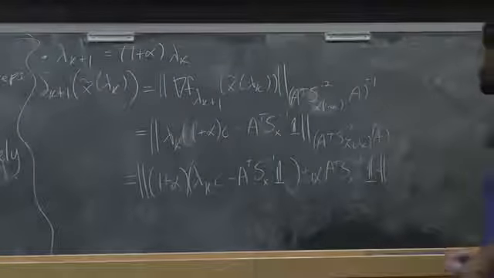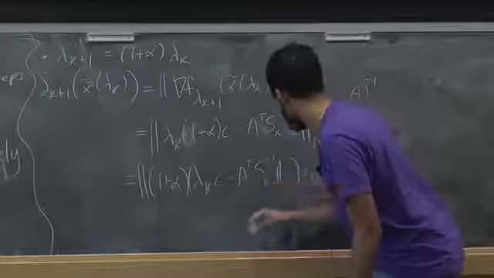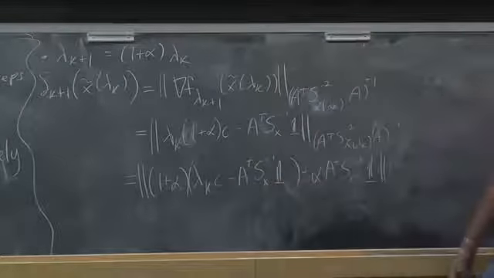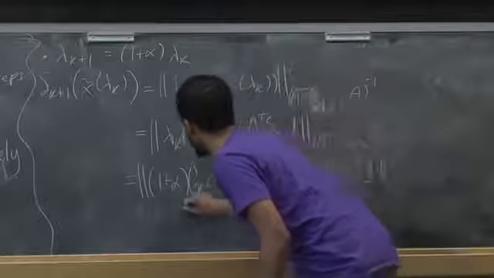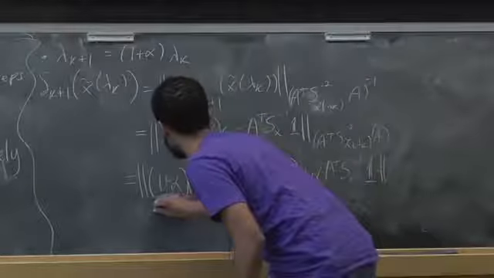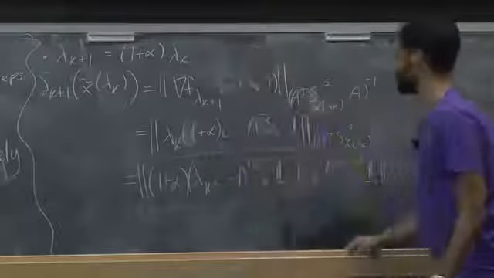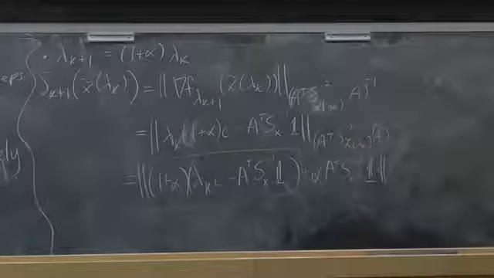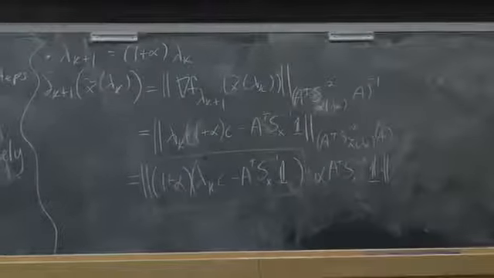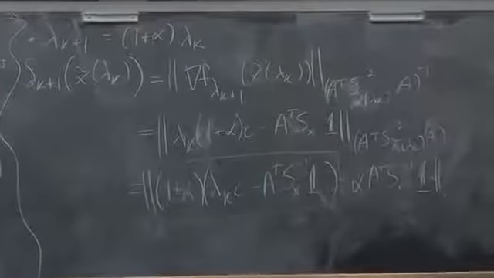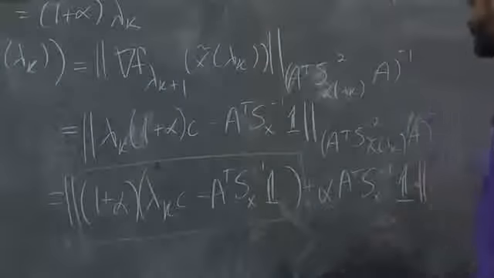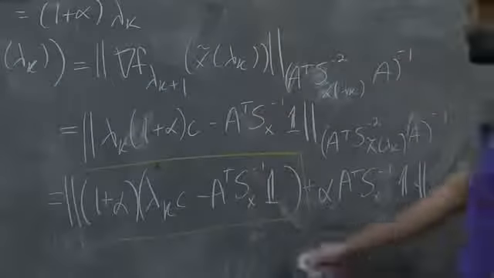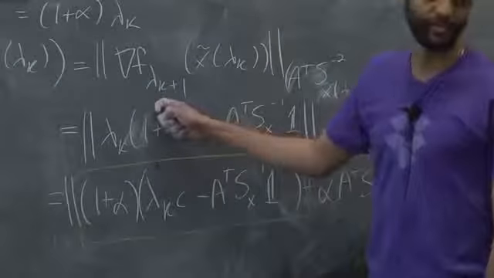Right? So what is this? Hopefully it's clear what I'm doing here. Yeah, right, the norm with the Hessian inverse. But the point is, this is just the gradient at lambda k.